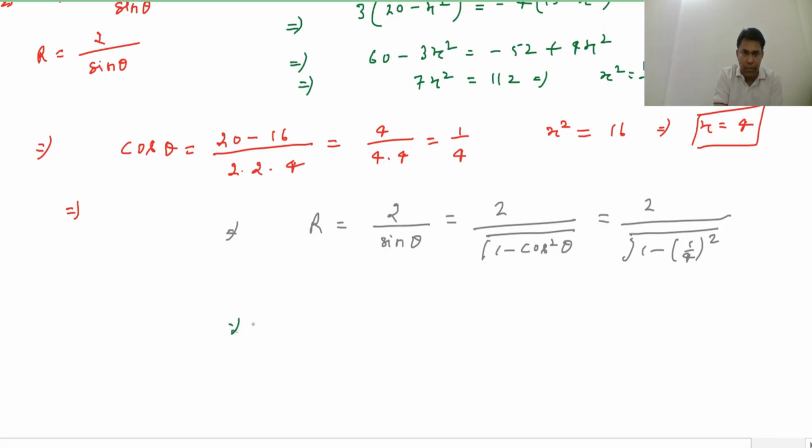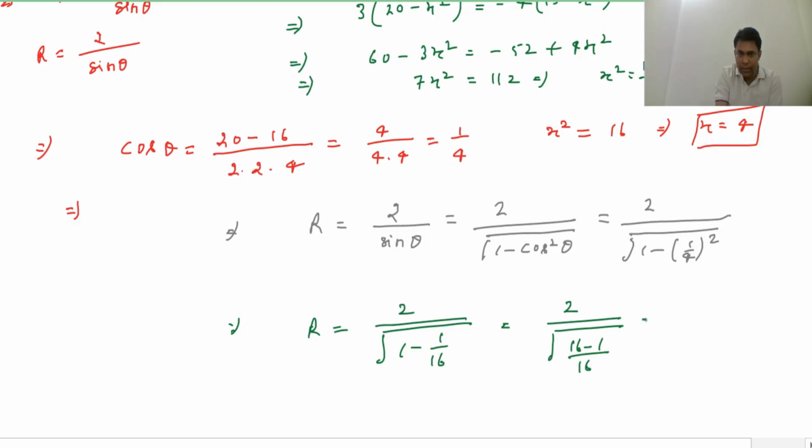So further we will have r is equal to 2 divided by square root of 1 minus 1 divided by 16. Further we can write 2 divided by square root of 16 minus 1 divided by 16. So it will become 2 divided by square root of 15 divided by 16.